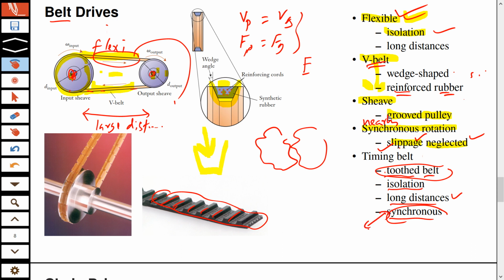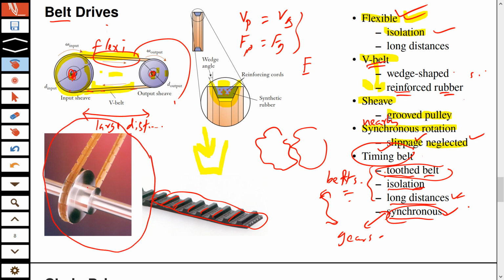Now the speciality of gears is synchronous motion. The speciality of belts is isolation and long distances. And when you have a timing belt, you have both these properties. You have the best of the two worlds. So you have a property of gears as well as a property of belts. That's why in more serious applications, you will see timing belts and they look like that.